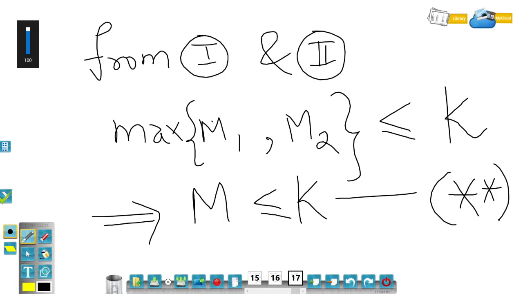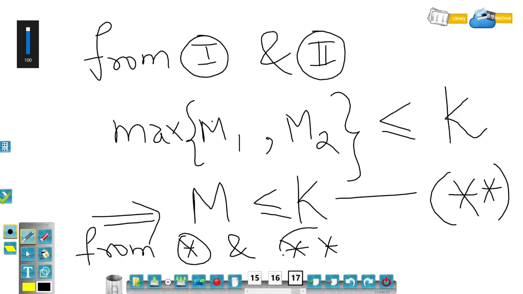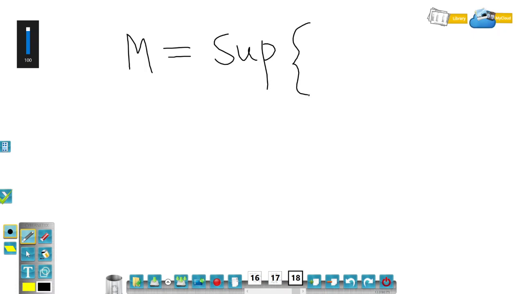So from star and double star, I can say that m is the supremum, that is the least upper bound, of A union B. But what is M?